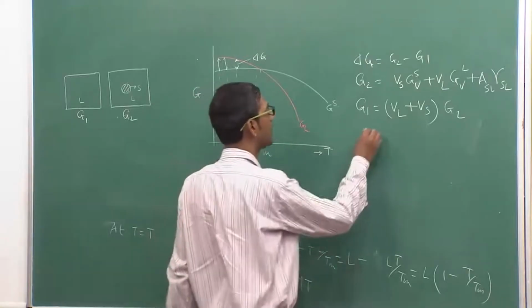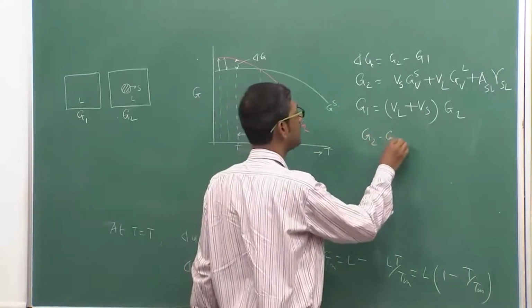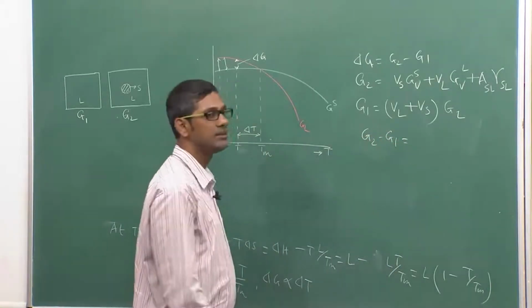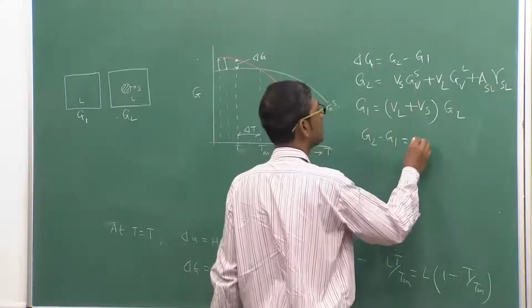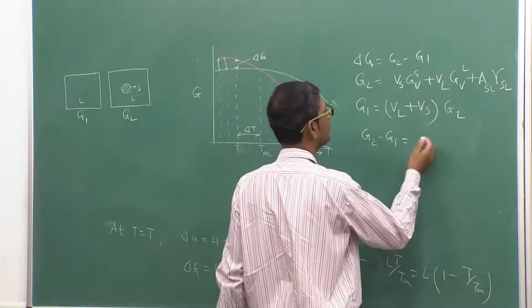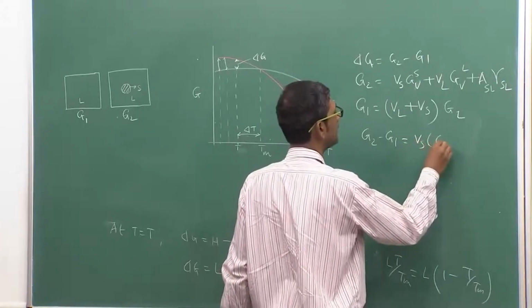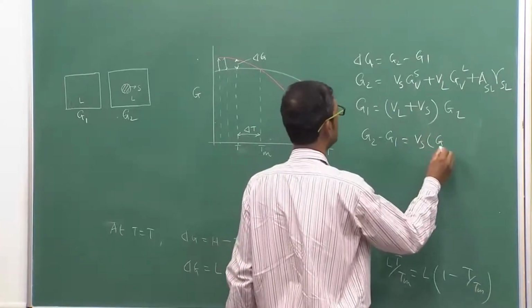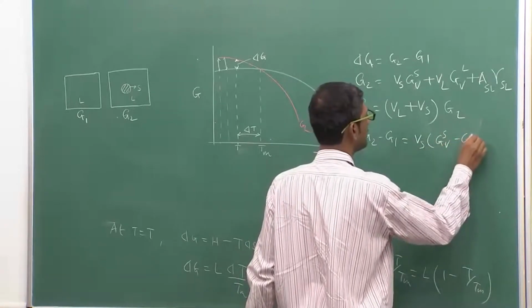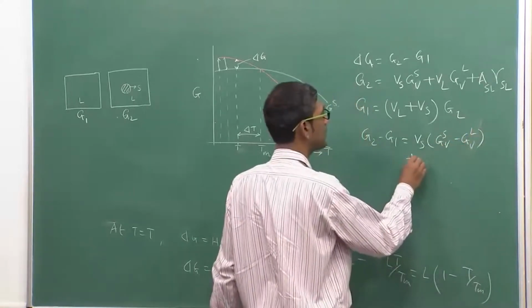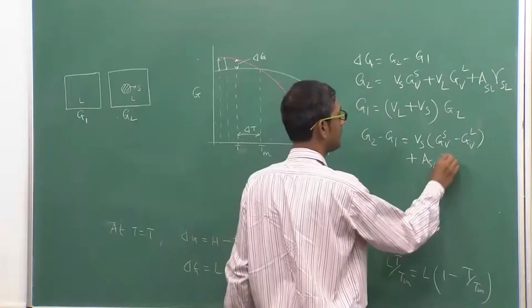So now if I look at it completely, what is G2 minus G1? GL VL will get cancelled. So I will write Vs into G S minus G L, plus A SL gamma SL.